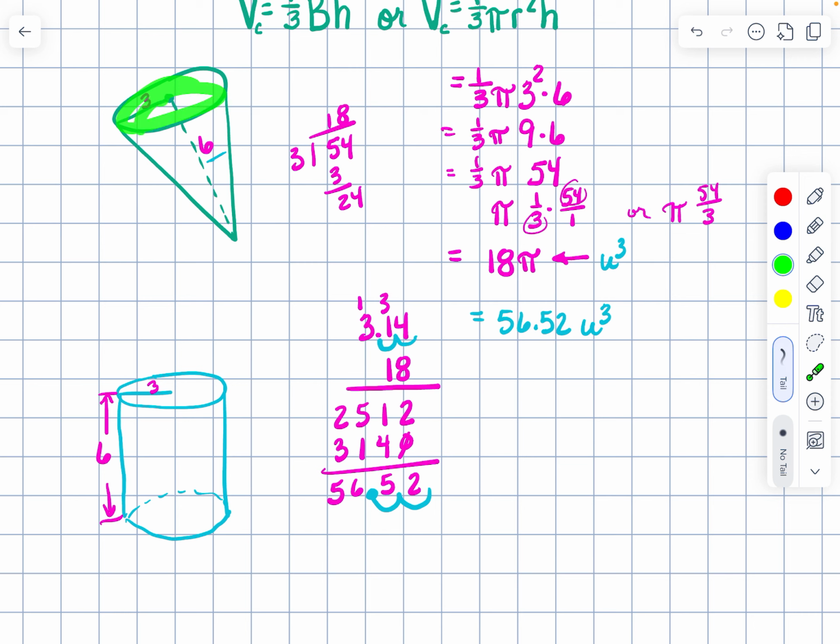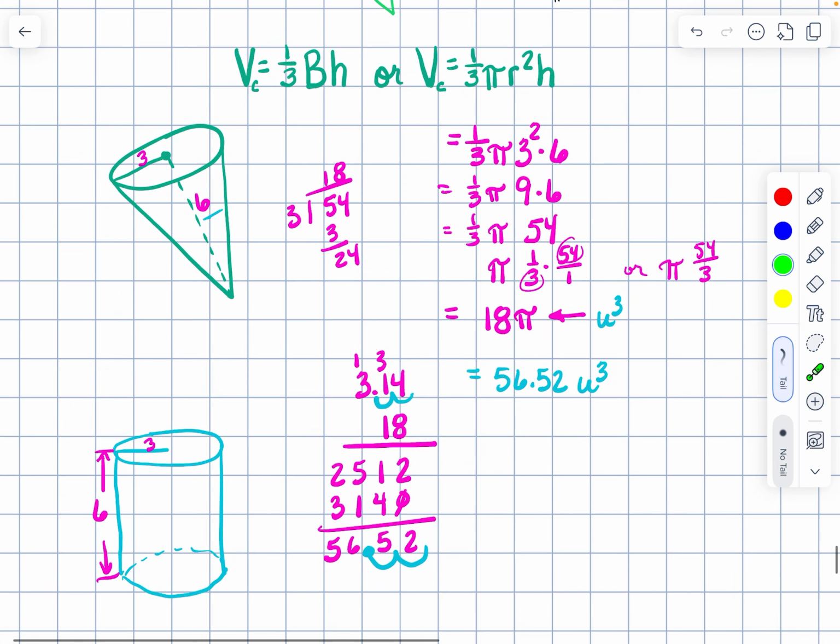Okay, so one cone will fill it up 1/3 of the way. 2 cones will fill it up twice, and then 3 will fill the whole thing up. And that is evident in this equation.